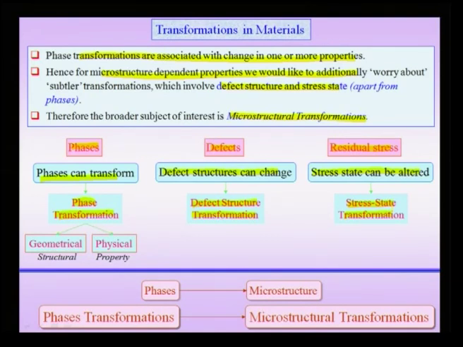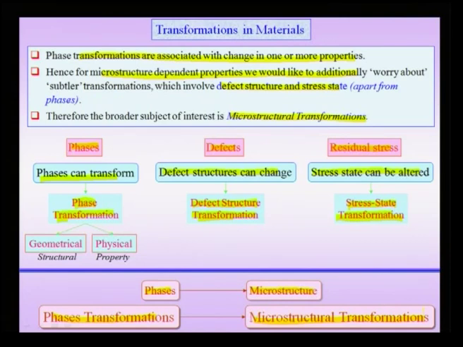And so, putting the picture together, I can have phase transformation, I can have defect structure transformation, and I can have stress state transformation, or in one phrase I can talk about, apart from phase giving rise to a microstructure, a phase transformation going to a superset called the microstructural transformations. So, in this chapter, not only will we be talking about phase transformations, we will also briefly consider what we call microstructural transformations, and we will worry about treatments like annealing, we will worry about treatments like recrystallization, wherein the microstructure transforms.